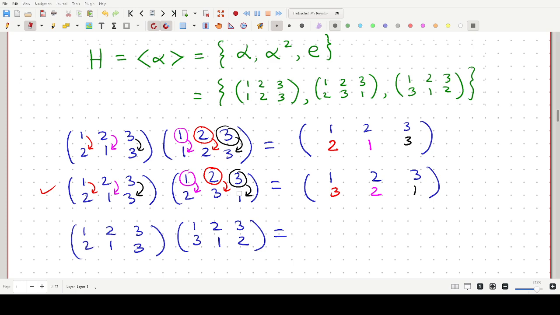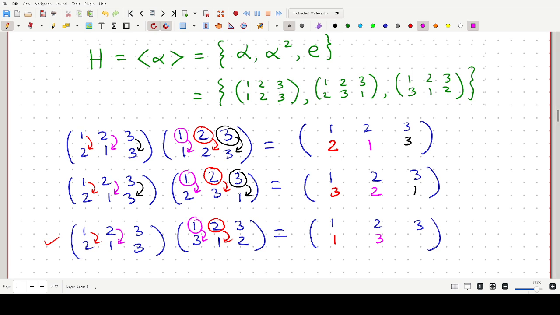And finally now, we look at the last composition in which 1 goes to 2 and 2 would go to 1. So basically 1 would go to 1, right? Now we look at where 2 is going. So 2, the second position, is moving to the first position. The first position is moving to the third position. So 2 goes to 3.